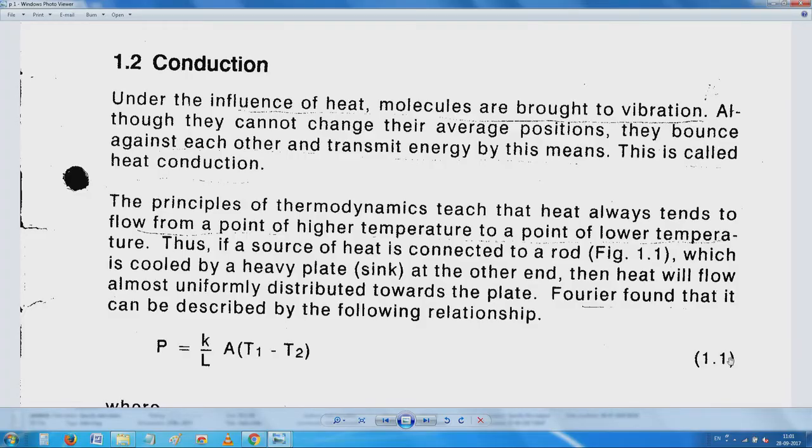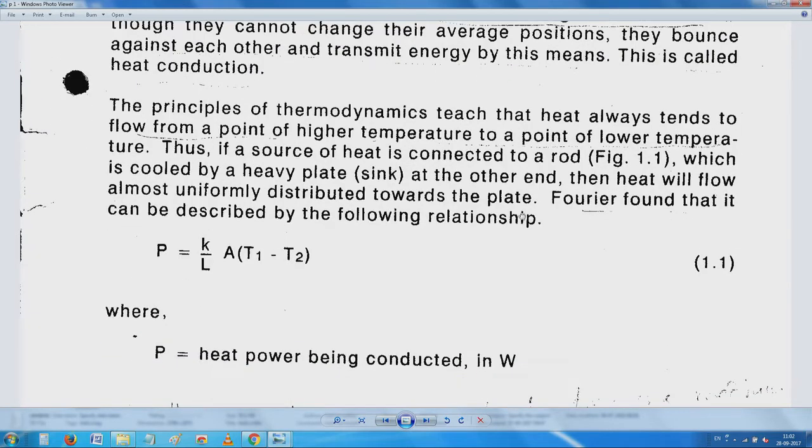Typically heat conduction involves transmission of energy by vibration. The principles of thermodynamics teach us that heat always tends to flow from a point of higher temperature to a point of lower temperature.